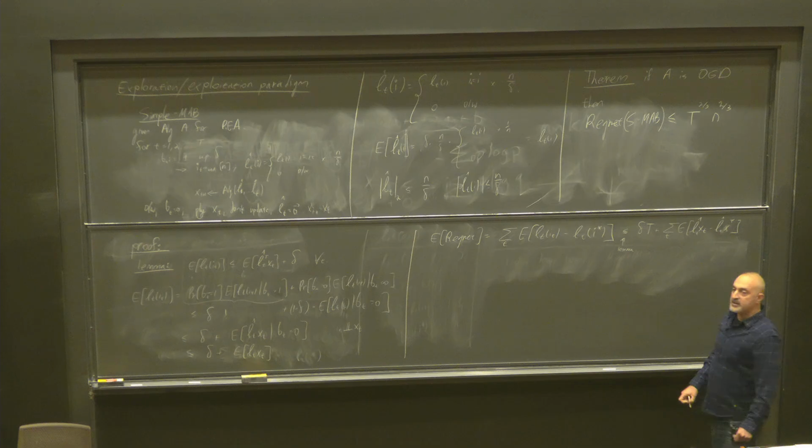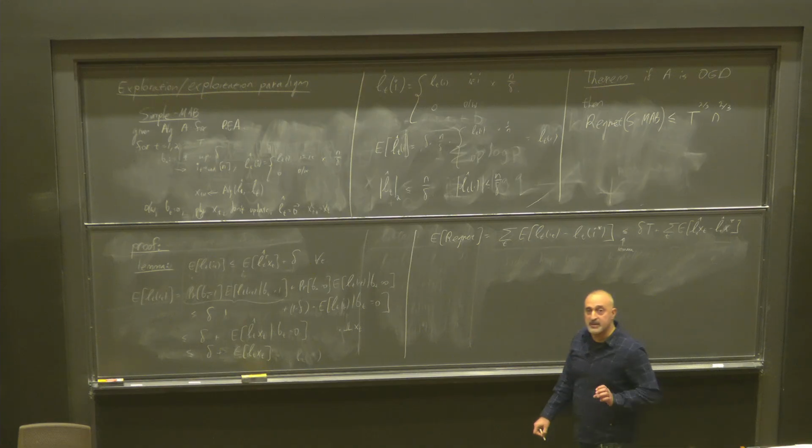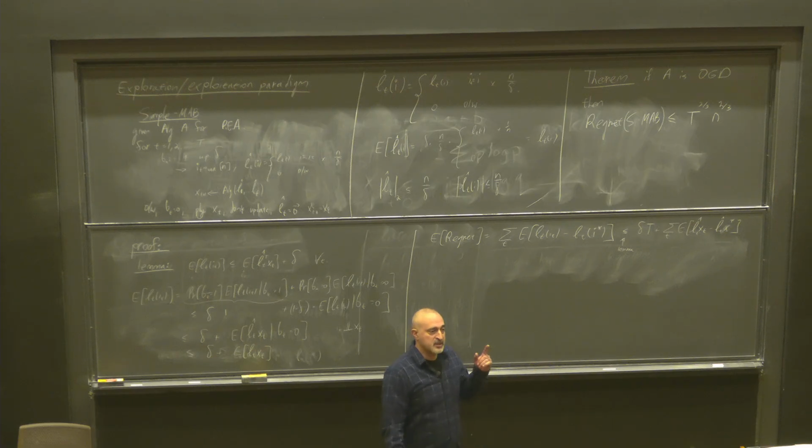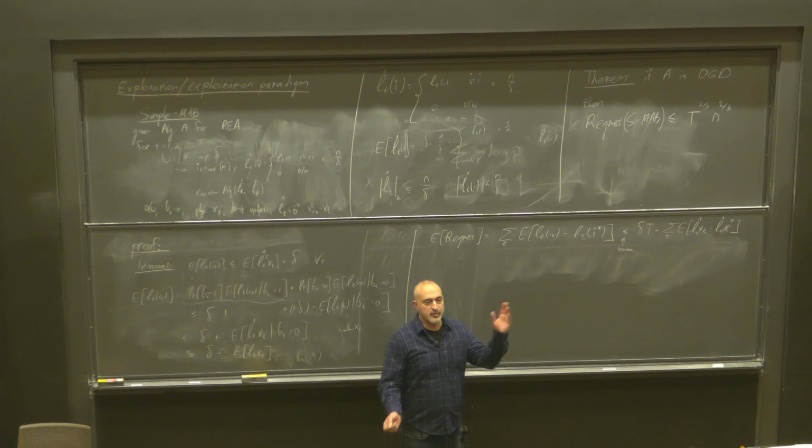And I'm also using the fact that the x star is independent of the hats. That depends on the L's. Yes, it does depend on the L, but it doesn't depend on the L hats. The L hats I created myself out of my own volition by choosing random stuff and defining these random vectors, but they have nothing to do with the x star.